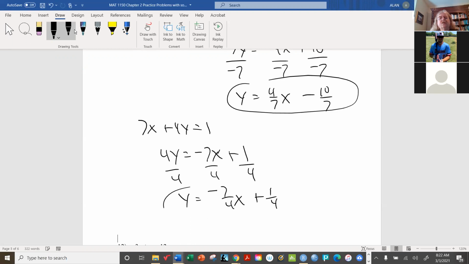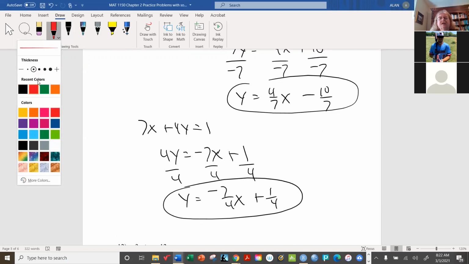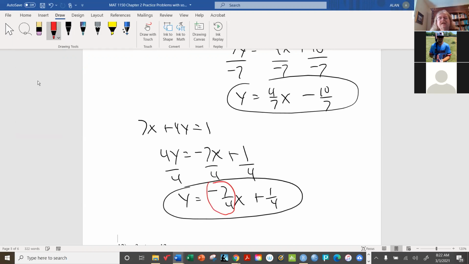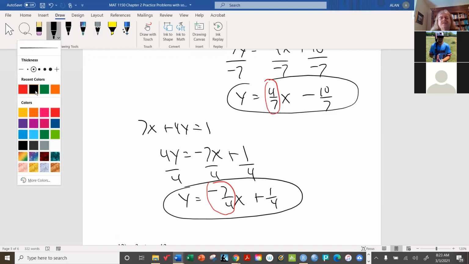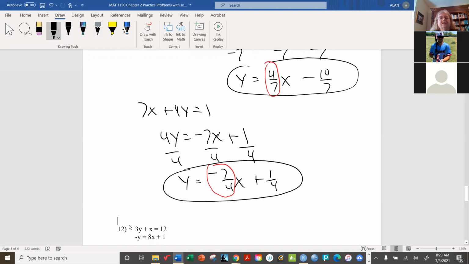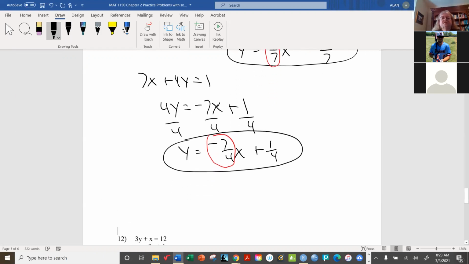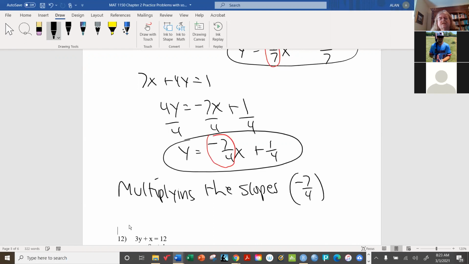Now, what are we looking for here? We're looking at the two slopes. That's really all that matters. All right, we have -7/4 and positive 4/7. And what you'll notice is that if I multiply the slopes together, it ends up being -1.